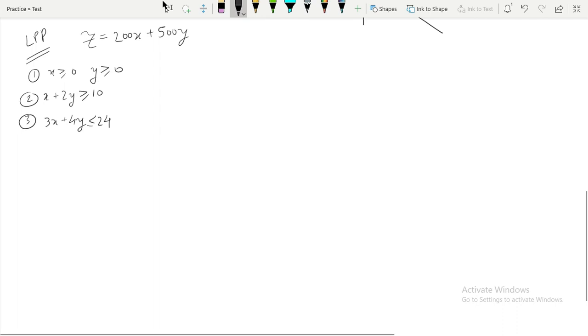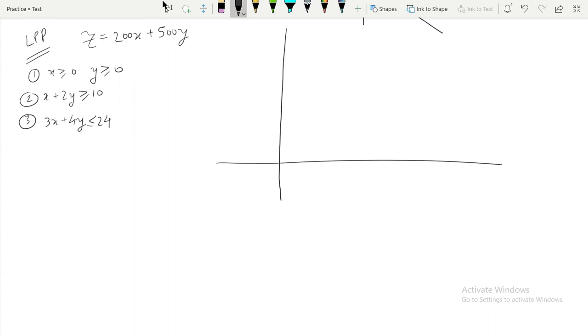So starting with this, if this is our graph and this is x, this is y. Now for x greater than or equal to 0, we need to take just the equality, x is equal to 0. Now what is x equal to 0? We know this axis. For x equal to 0, we have this line.